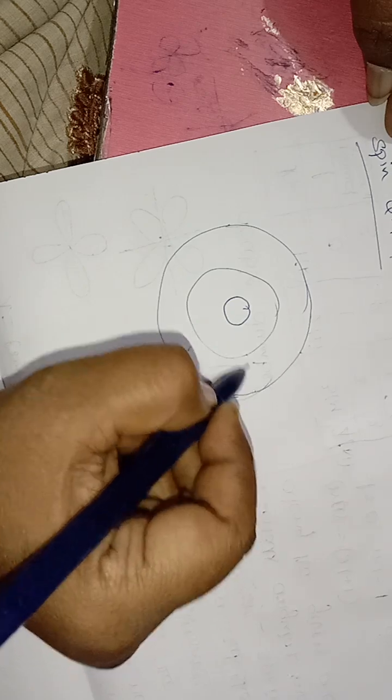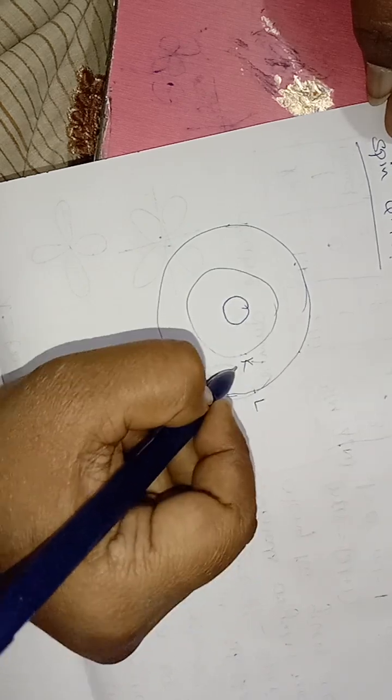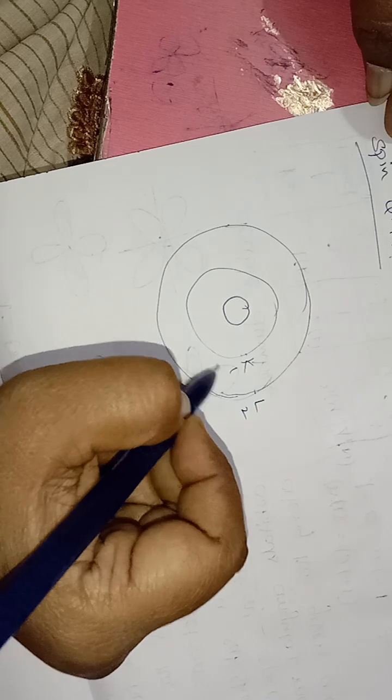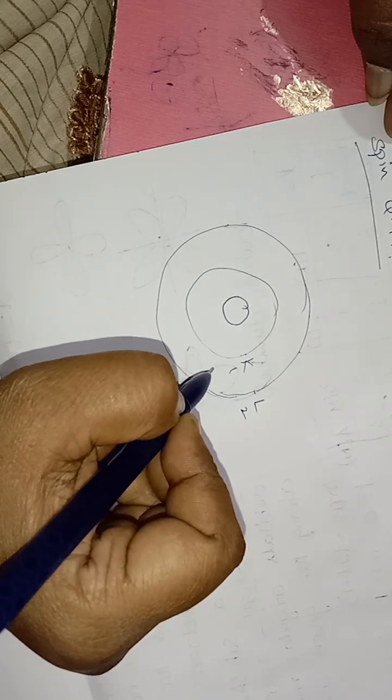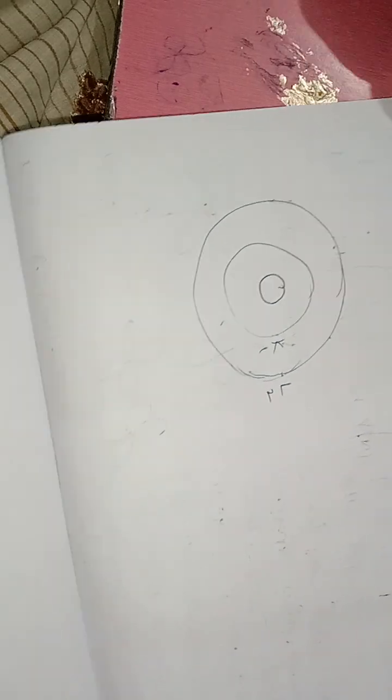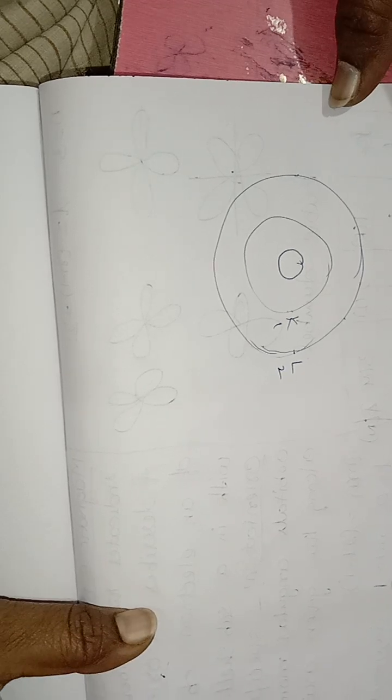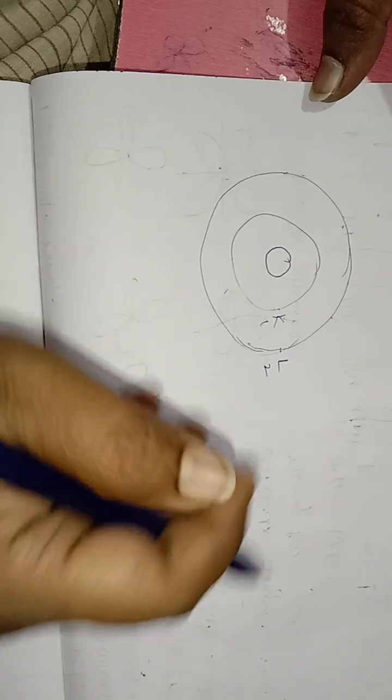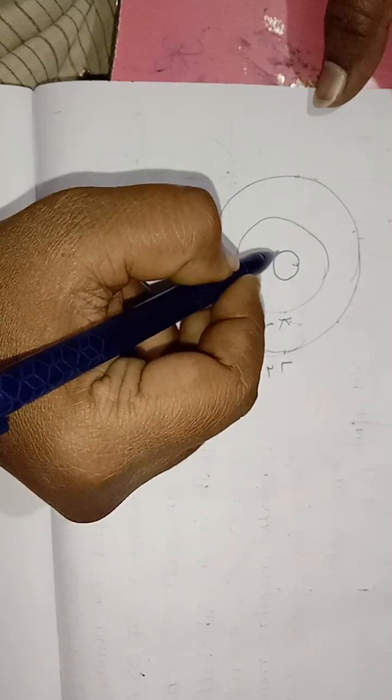These are called main shells: K, L, or 1, 2, 3 values are given, and we use the term principal quantum number. Next, the angular momentum quantum number tells the shape of the subshell.